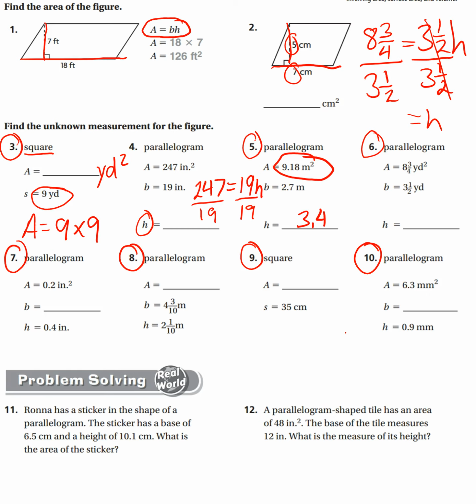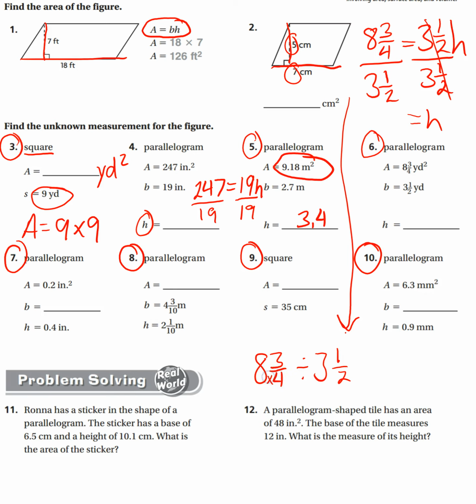Okay, so I'm going to come down here again to show my work. So we have 8 3/4 divided by 3 1/2. Okay, so my suggestion, there's a litany of ways you can solve this problem, but my suggestion would be to change them both to improper fractions.